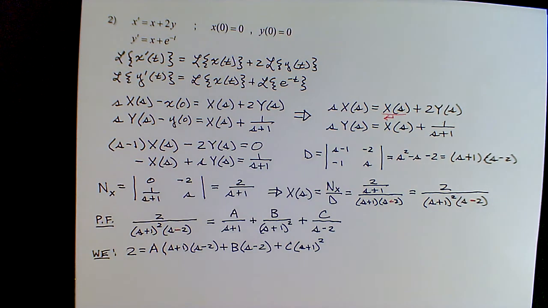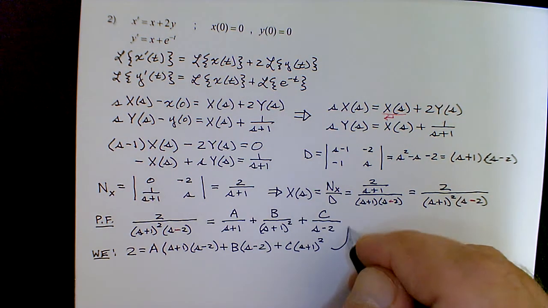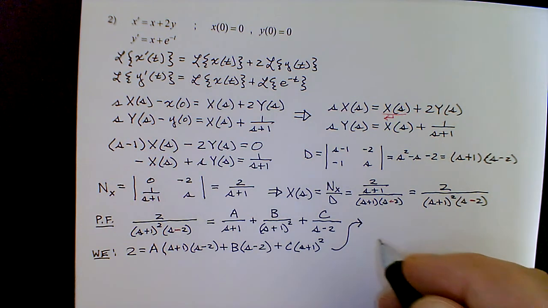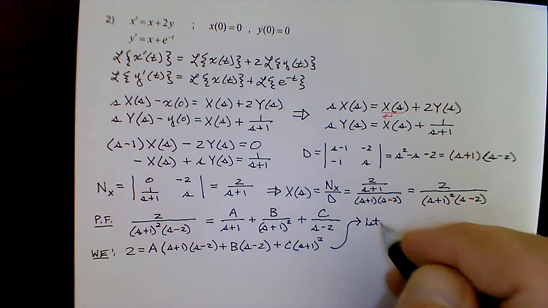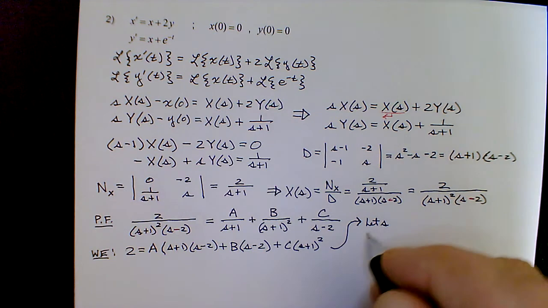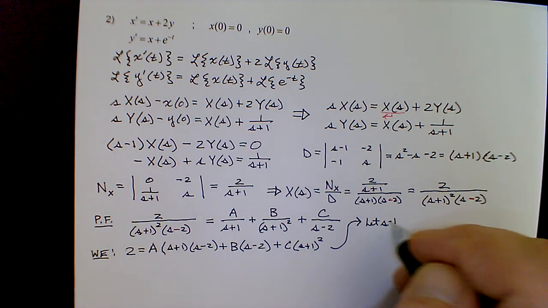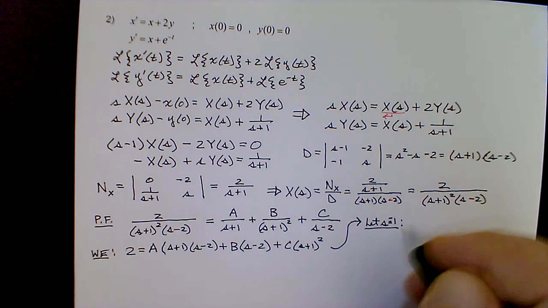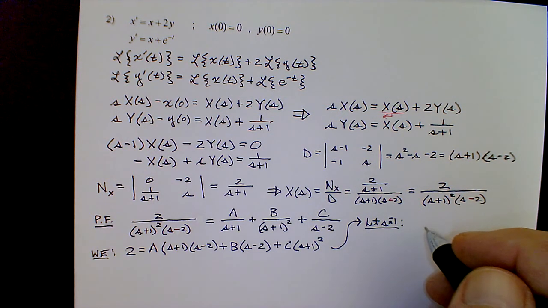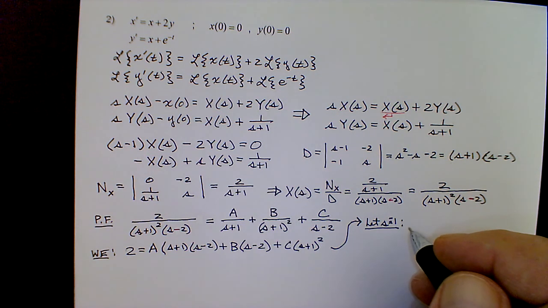Alright, so now we need to solve for the constants, and kind of do it off to the side here. First I could use the elimination method. To solve for B, I could let s equal negative 1. You want to use the elimination method first, and then go to comparison if you need to.